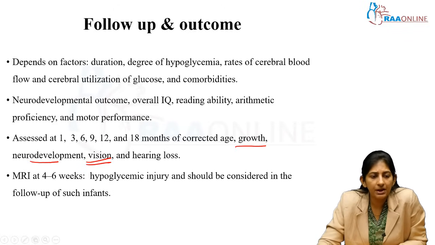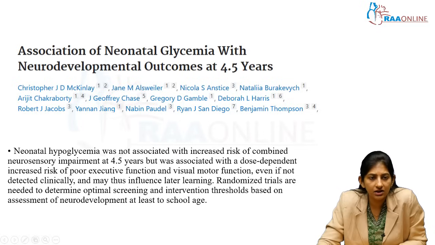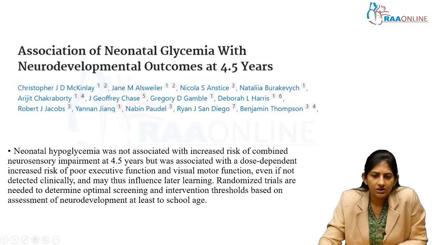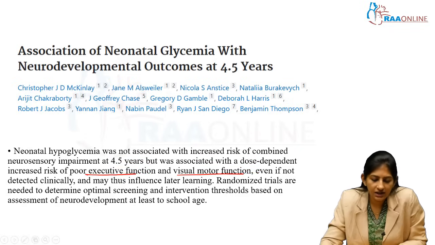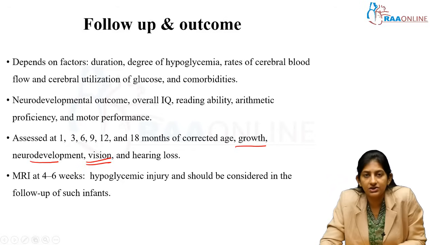There have been many papers which have done extensive work on neonatal hypoglycemia. This particular paper studied up to 4.5 years and found poor visual motor function and poor executive function. Academically, these children didn't do well.